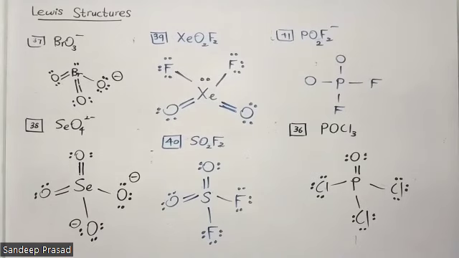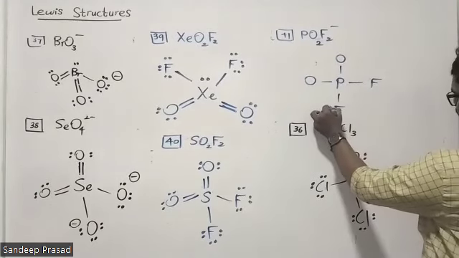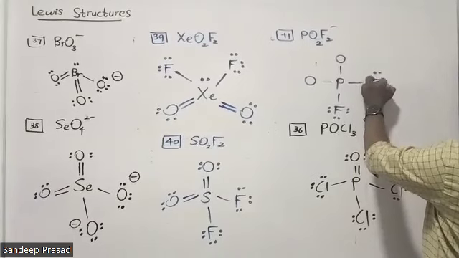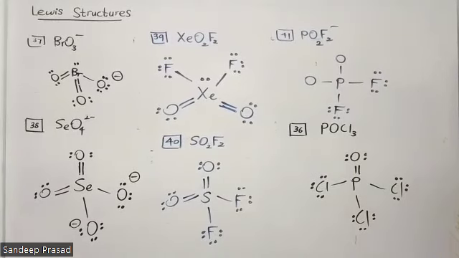There is a negative charge, but remember, fluorine can't have charges, students. That is the thing. Fluorine is the most electronegative one, but fluorine cannot have charges. Therefore, put the 3 lone pairs and neutralize the atom.